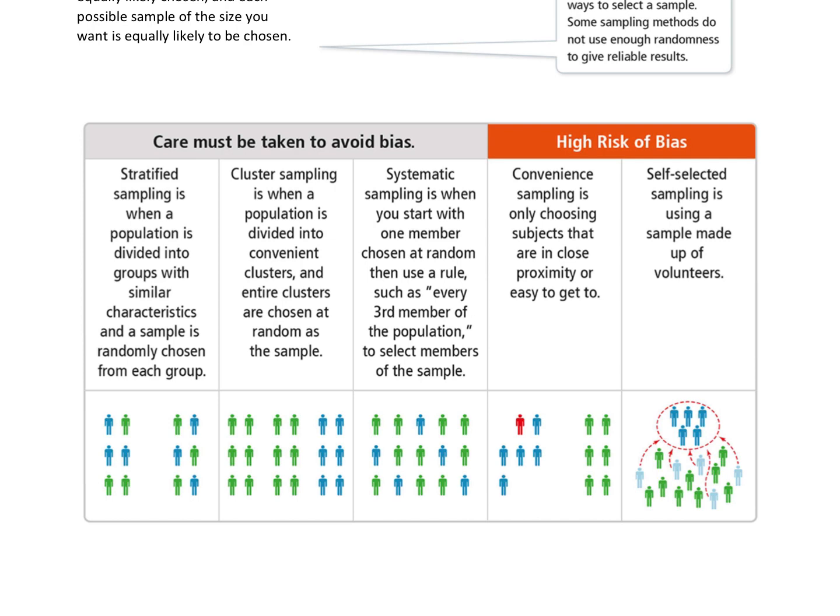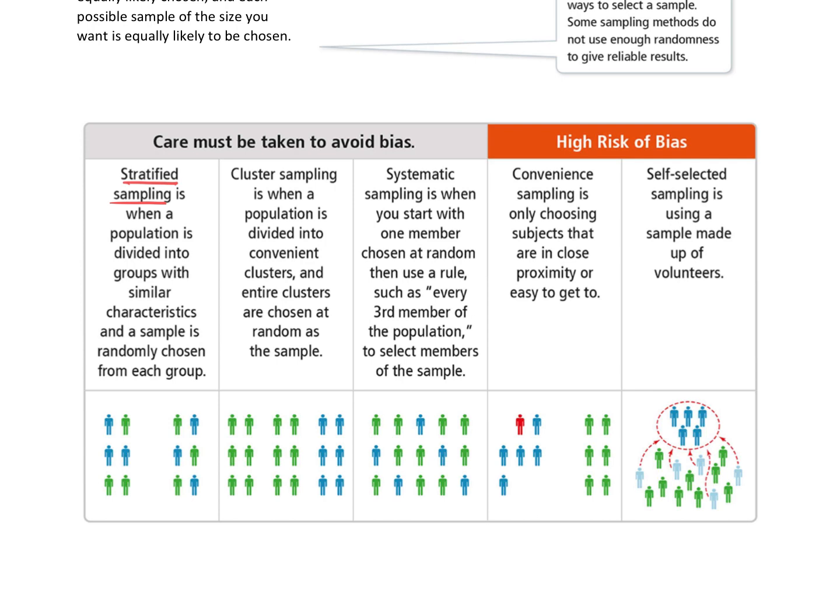We have something called stratified sampling. Stratified sampling is when a population is divided into groups with similar characteristics, and a sample is randomly chosen from each group. So in your note packet, all of these little people are gray. What I would like you to do is maybe circle the ones you see in my colored notes, the ones that are blue, just so you can see a difference between the blue and the green.